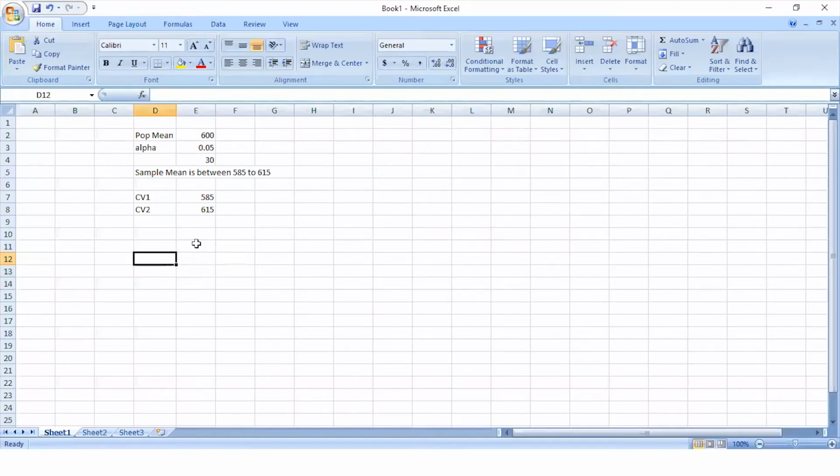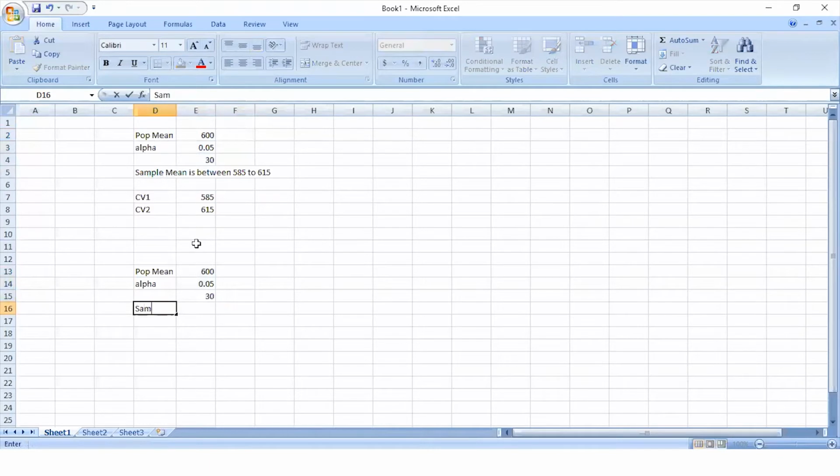Say you have the population mean again, which is 600, and the alpha is 0.05, which is 30, but you're doing a one-tail test where you cannot allow the lesser side of the values, so the significance is on the right-hand side.